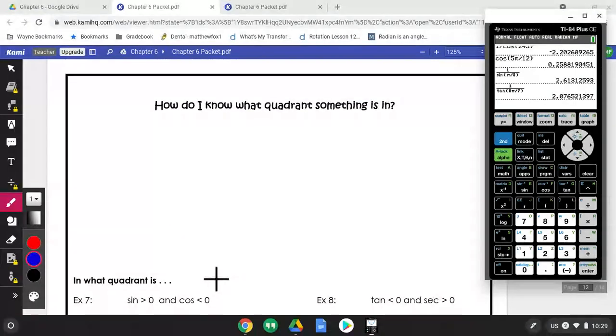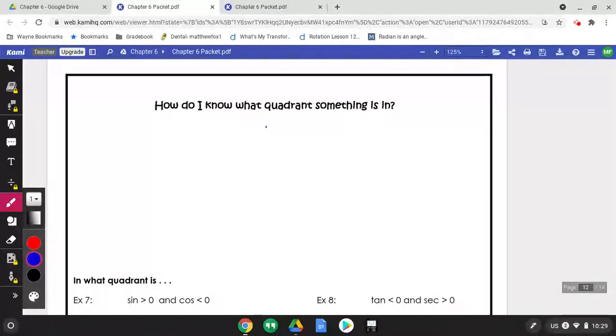Now, if we think about it, first let's identify we've got our 4 quadrants, and we don't need this anymore. So our 4 quadrants, so let's start quadrant 1, and in each quadrant we have your sine, your cosine, and your tangent.